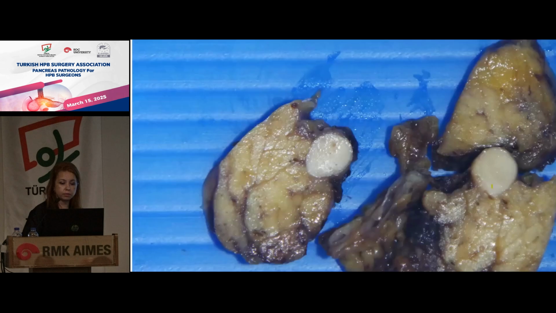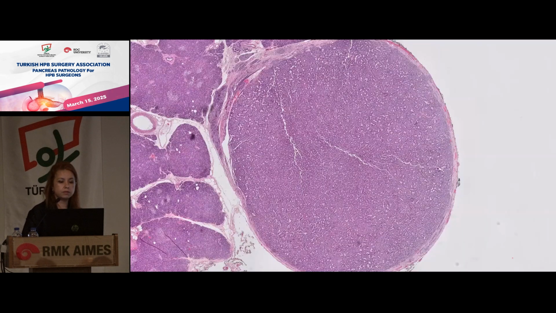Looking at the macroscopic appearance of this lesion, you can see a round, cream-colored, well-circumscribed lesion. Microscopically, it has a well-defined border, there isn't any fibrosis present, and it's entirely composed of neoplastic cells. Therefore, it's easy to obtain more cells during the AUS.